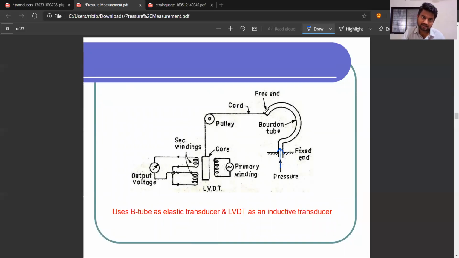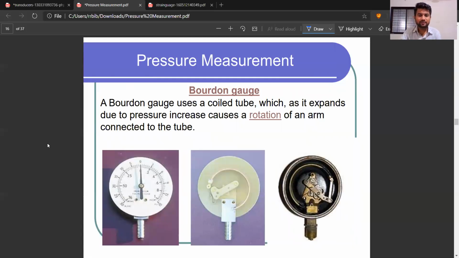As the shape changes, the cord connected to the free end moves, and this cord is connected to the core, so the core changes position upward and downward. This is an LVDT, which converts this displacement into output voltage, an electric quantity. That is your Bourdon tube gauge, and it is available like this.